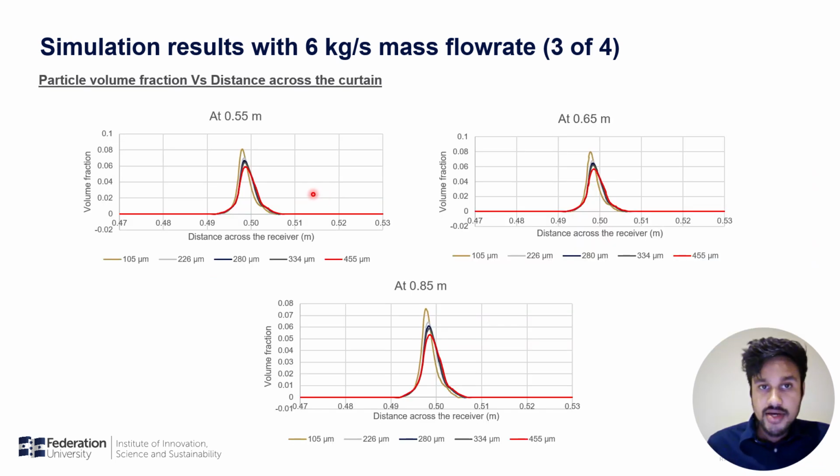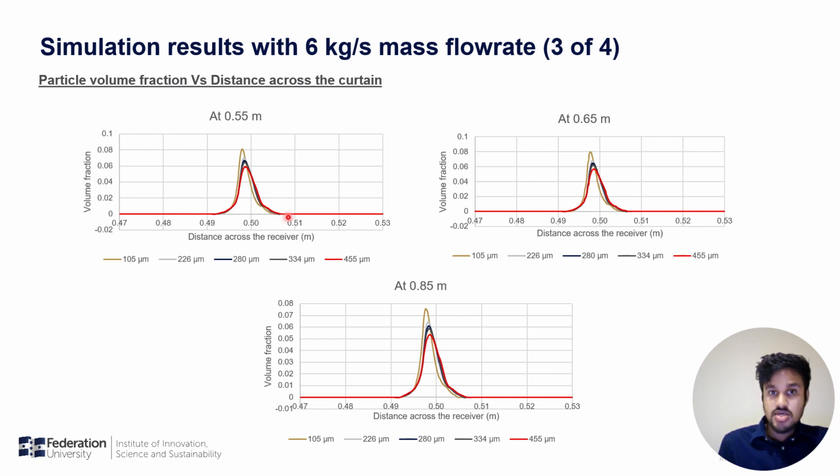We can identify the reason behind that from these plots, because as you can see here, since the particle curtain width has reduced compared to previous cases, every particle diameter nearly stays at the periphery of the curtain, and they have to face the drag from the air equally within this thin curtain.